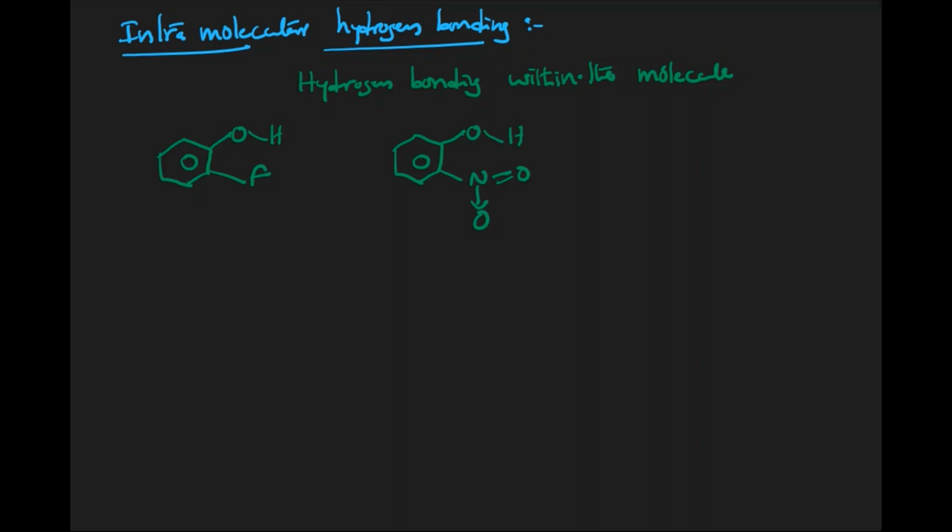In these cases, hydrogen bonding formation takes place between the hydrogen which is attached to the more electronegative atom and the other more electronegative atom, here between these two, and here between these two. This hydrogen bonding formation is taking place within the molecule. That is why this hydrogen bonding is known as intramolecular hydrogen bonding.